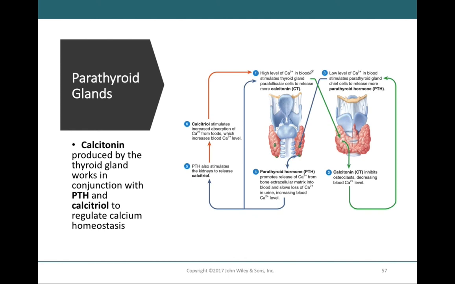When we have too much calcium in the blood, that's eventually going to stimulate the parafollicular cells in the thyroid gland to release calcitonin. And once calcitonin is released into the bloodstream, it will circulate, and it's going to block the activity of osteoclasts. Osteoclasts break down bone and release those minerals into the bloodstream, so calcitonin is going to prevent this.